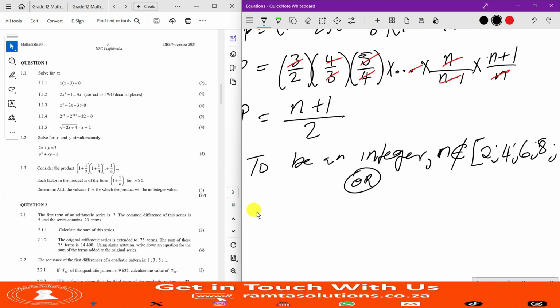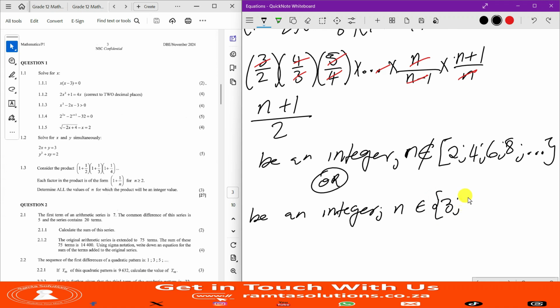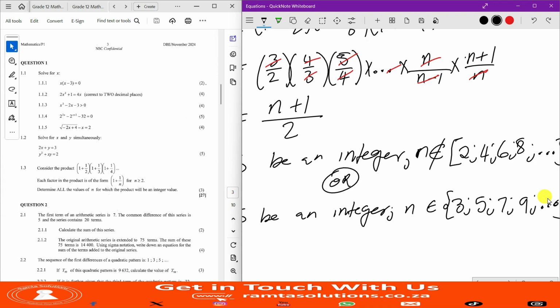To be an integer, n must be an element of the odd numbers, as I do see that odd numbers are the ones that are giving us that: 3, 5, 7, 9, and so on. This will then work for the product to be an integer value.